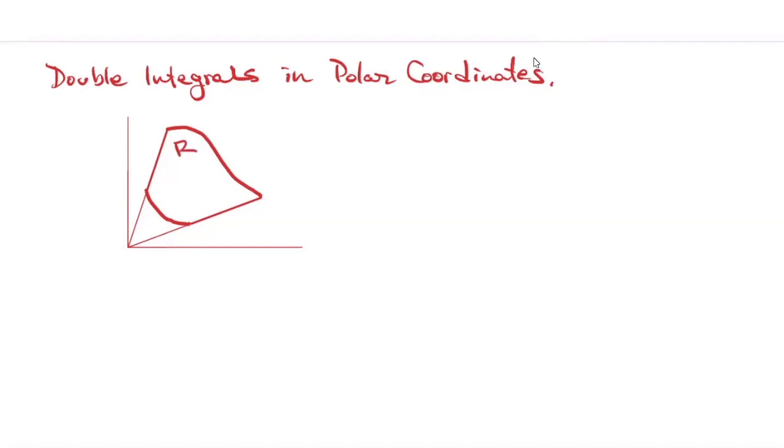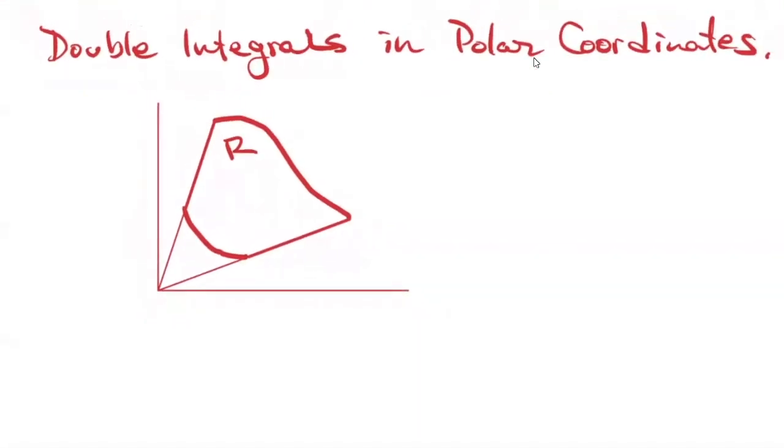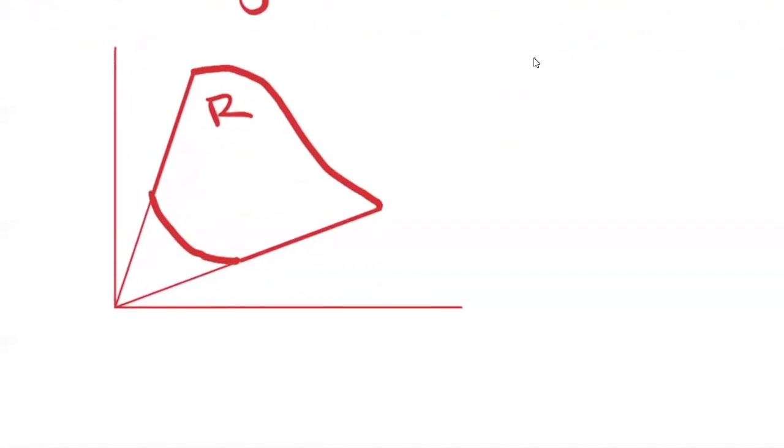How do you integrate over a region like that? Well, let's say on the inside, r is going to be like a G1 of theta.